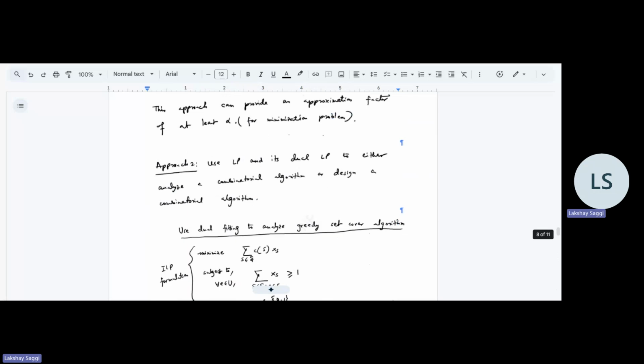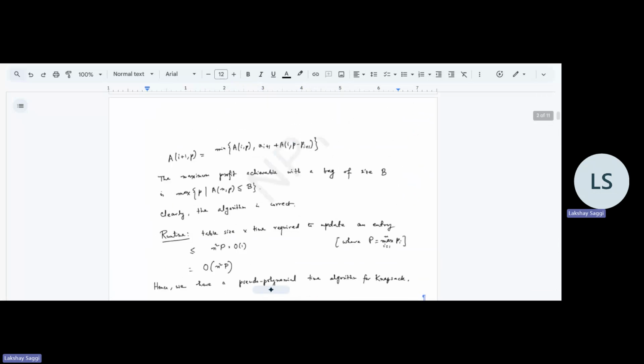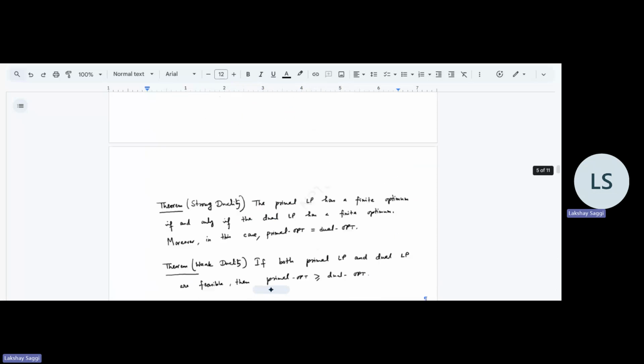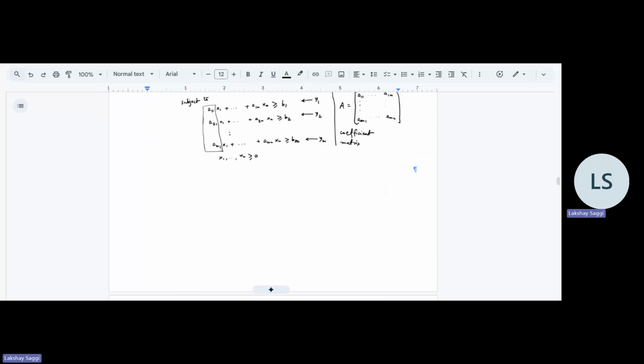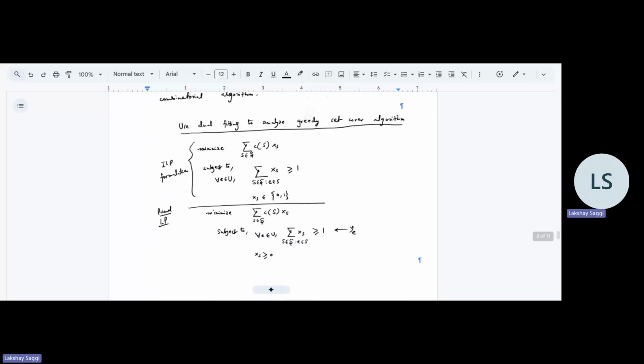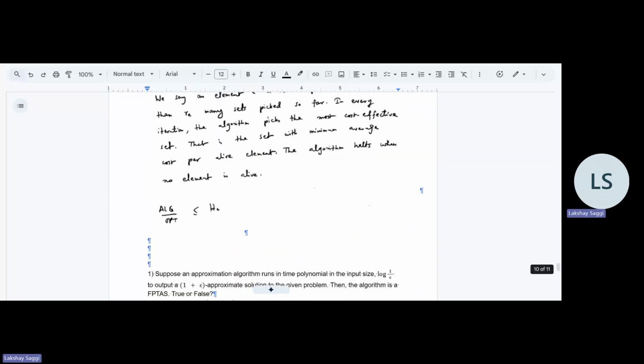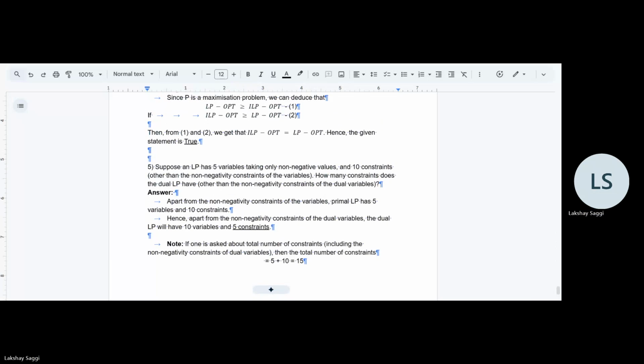We also discussed all the topics covered in this week's lectures: what are F betas, what is LP, what are dual LPs, how do we round LPs, and, on a high level, how do we use dual fitting to analyze algorithms, and what is complementary slackness and everything. So I guess this was it from my end, guys.